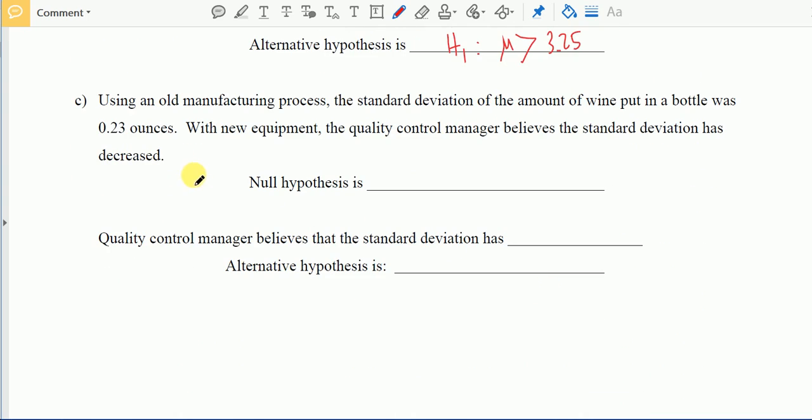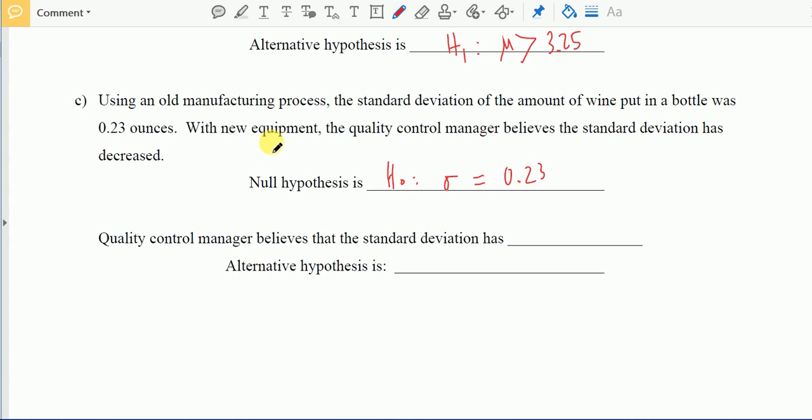The next one: using an old manufacturing process, the standard deviation of the amount of ounces put in the bottle was 0.23 ounces. This is the given data, so the null hypothesis, again, is the existing data: the standard deviation is 0.23.